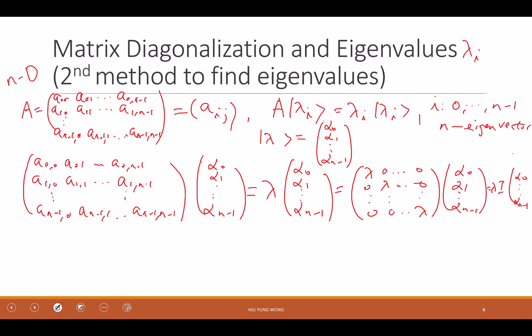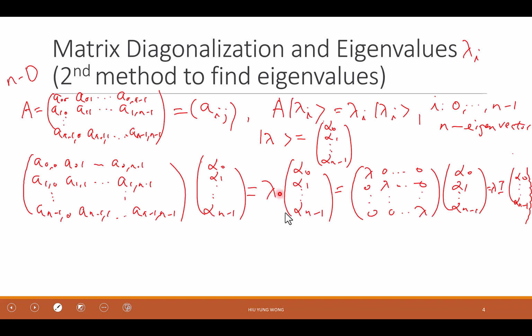Yes. I is the identity matrix, right? Identity is 1, 1, 1, 1, 1 here, right? It's just the same as lambda times identity matrix. So actually, I did not do anything special. Many of you may already find that. Yeah, of course, lambda times identity matrix times this guy is still this guy, is still the vector, right?